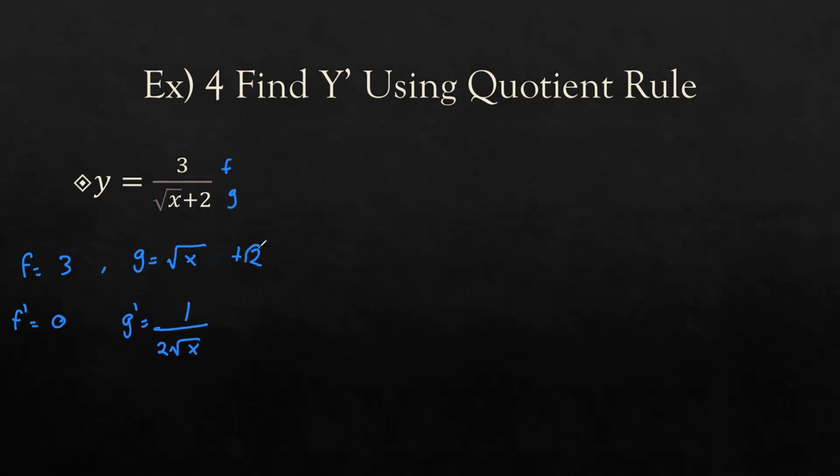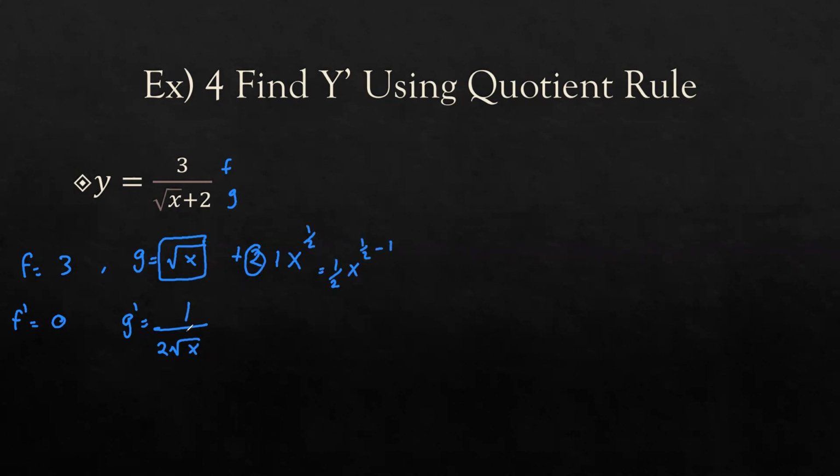And then the derivative of 2 is 0. So what I did is take the derivative of radical x, and you get 1 over 2 radical x. How we got that is you apply the power rule. Radical x is the same thing as x to the 1/2. If you take the derivative using the power rule, it'd be 1 times 1/2, which is 1/2 x, and then the old power minus 1, so it's 1/2 minus 1.